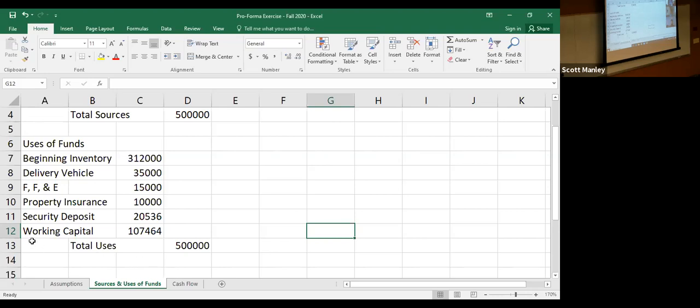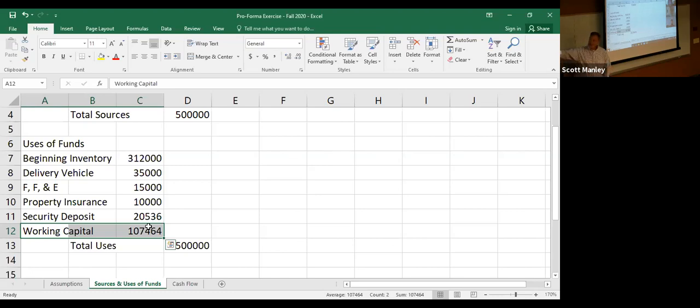Now, in addition, you see on your sources and uses of funds, for uses, I've got a line that we call working capital. Okay, I've defined working capital for you a couple of times. Working capital, the definition of it, the formula for it is current assets minus current liabilities, okay?